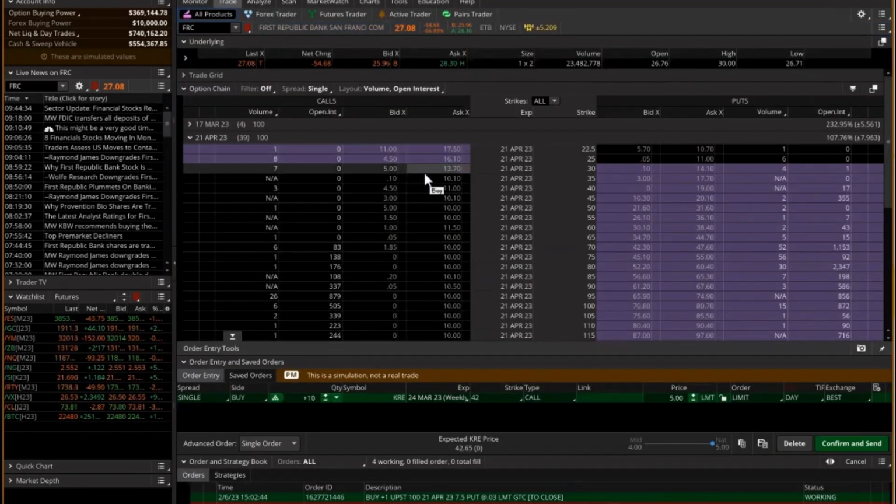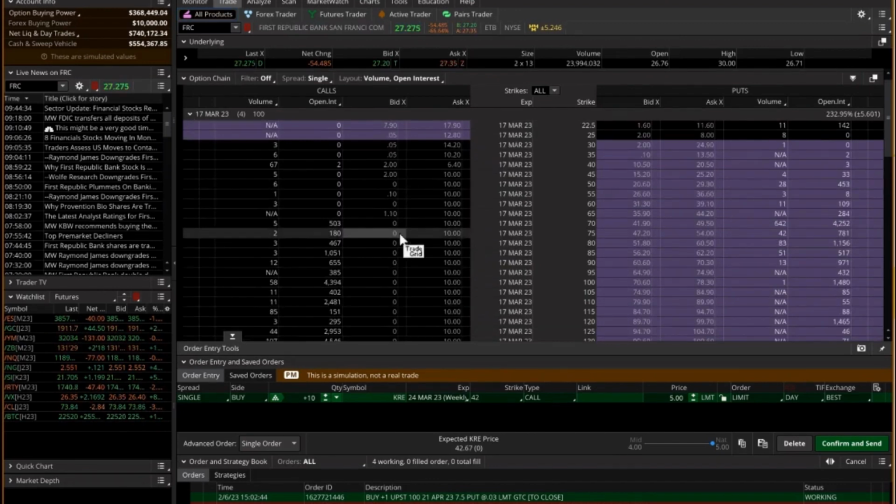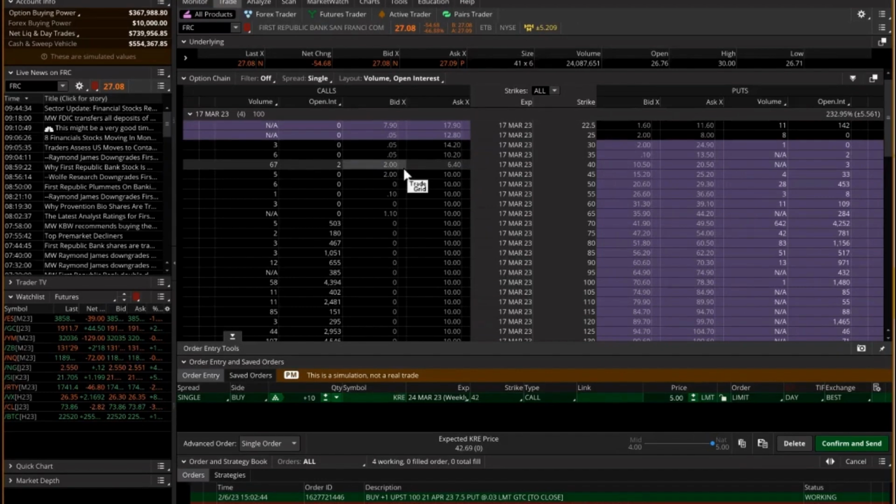Let's take a look at our slippage here. We only have a 21-day option, 21st of April or 17th of March. Slippage is super duper wide. So unfortunately, that's what the market makers have to do to protect themselves, is to keep the slippage pretty wide. So Chicken Little, sky is falling is what's happening with banks.